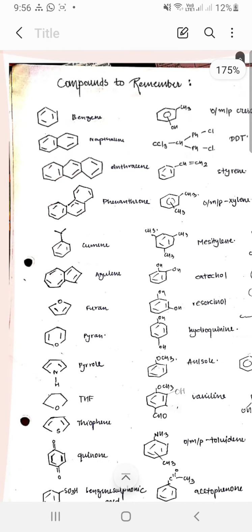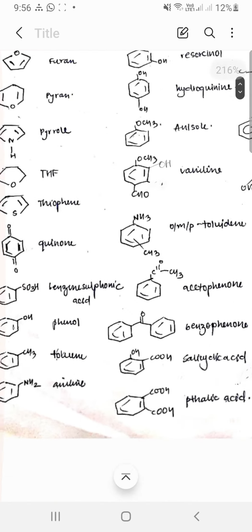And by the way, this collection of all these compounds is not mine, it's from some Quora answer. I edited a little bit of it, with the corrections that he basically said should be done.